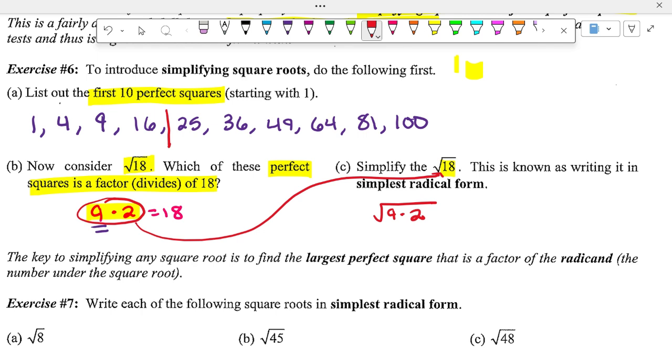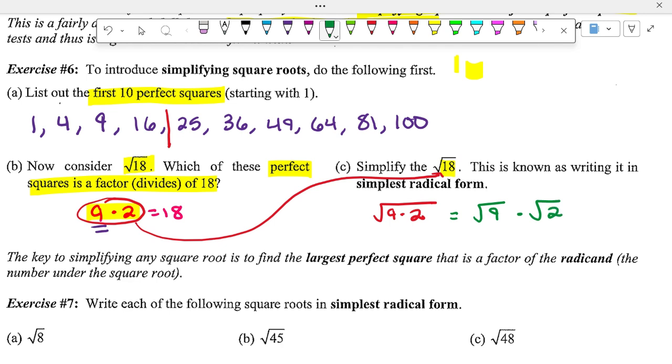Couldn't we rewrite that square root of 9 times 2? How can we rewrite that? Look at the property that we just learned previously. Good. We could separate the radical to be the square root of 9 times the square root of 2.